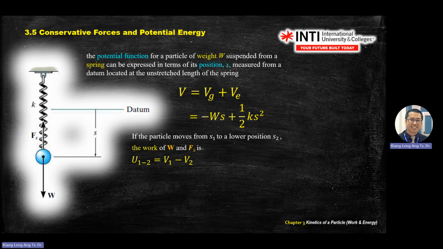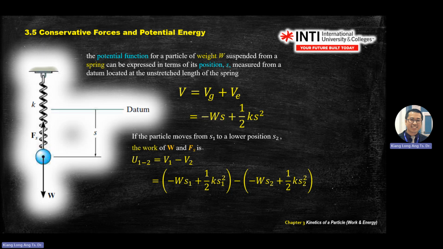So if the particle moves from S1 to a lower position, work done by the force will be V equal to V1 minus V2. V1 means position 1 minus position 2. So you'll get this equation.